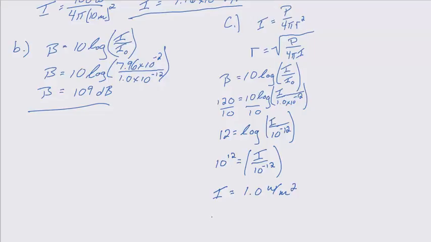And if we do so, we'll get the equation that the square root of our power of 100 watts divided by 4 pi multiplied by our intensity of 1.0 watts per meter squared will give us a radius that is equivalent to 2.82 meters. So in order to hear the threshold of pain, we would need to be 2.82 meters away from the source of the sound.